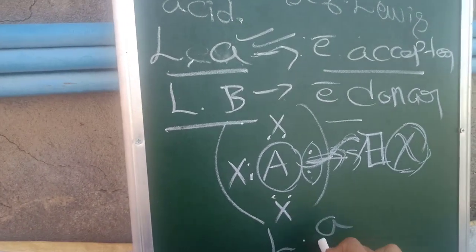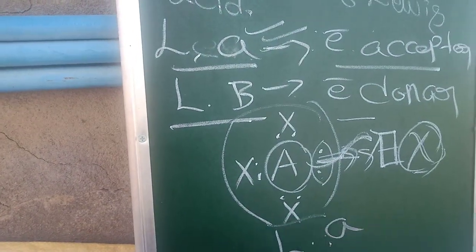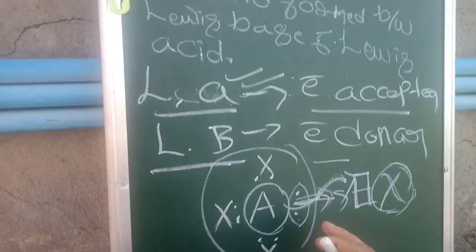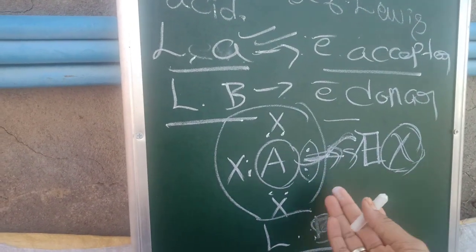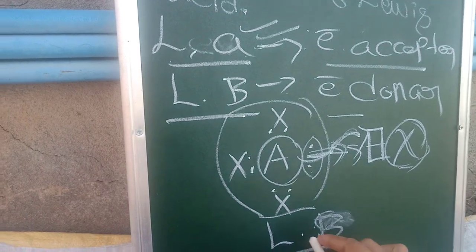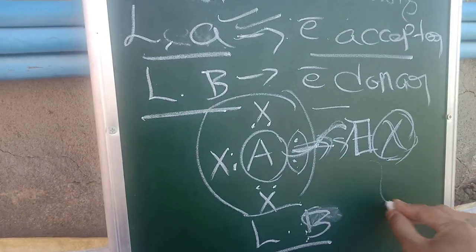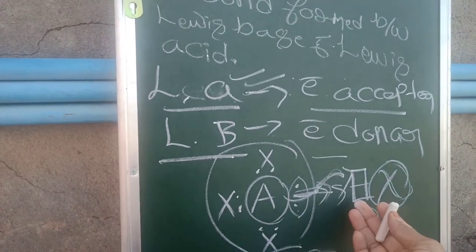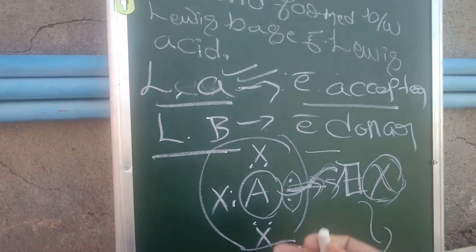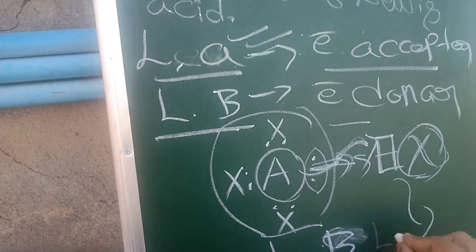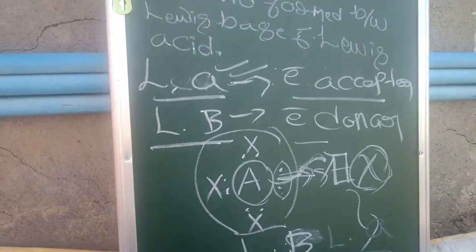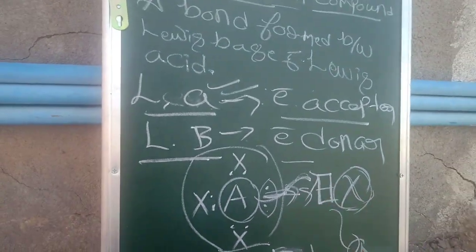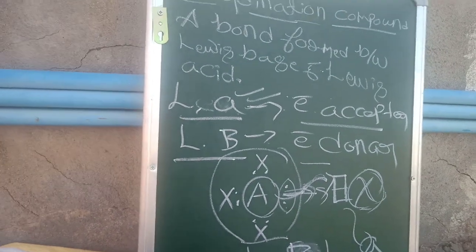This type of sharing of a pair of electrons forms the coordination bond.